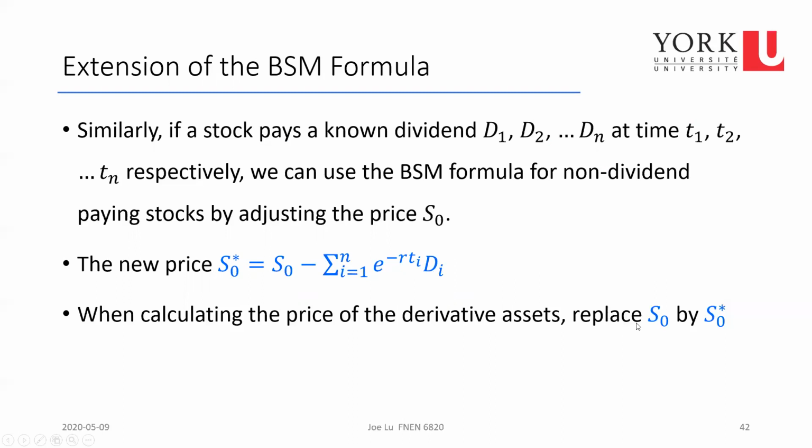By doing so, if you replace all the S naught by this new value, S naught star, you can use your old Black-Scholes formula. As long as you make that replacement, that formula will become a formula you can use to calculate the call or the put value when the underlying stock pays dividend.